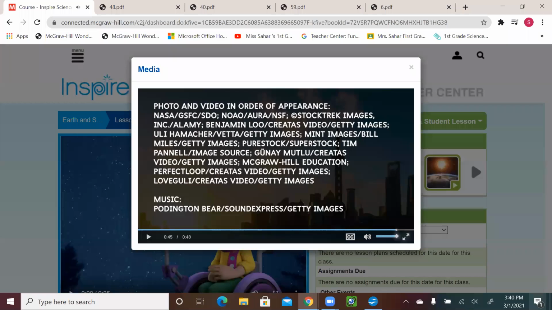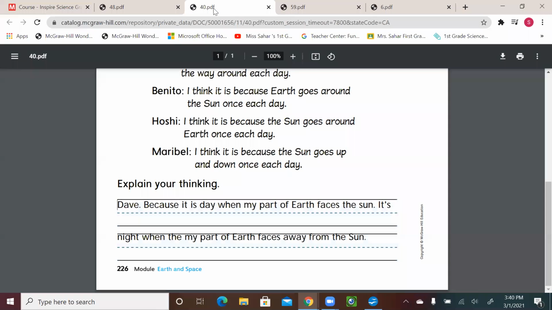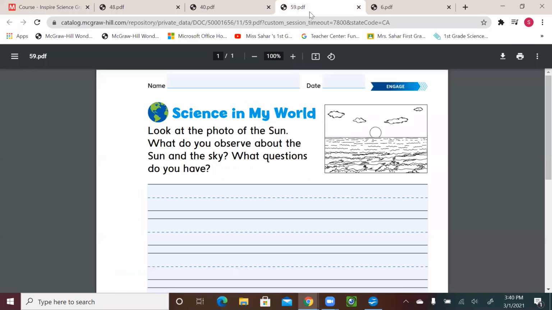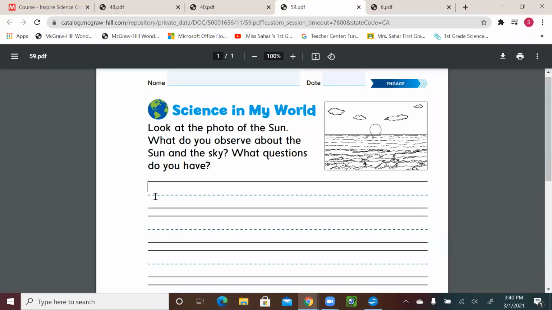All right, so now we understand why we have days and nights and why we agreed with Dave. Over here, look at the picture. Look at the photos. So you see the sun. I see some sky and the clouds. We can come up with any question that will help us to later understand and have an answer for this question.